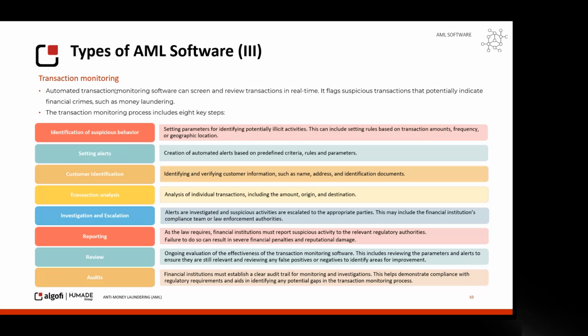So, identification of suspicious behavior. This part includes setting parameters for identifying potentially illicit activities. This can include setting rules based on transaction amounts, frequency, or geographic location.